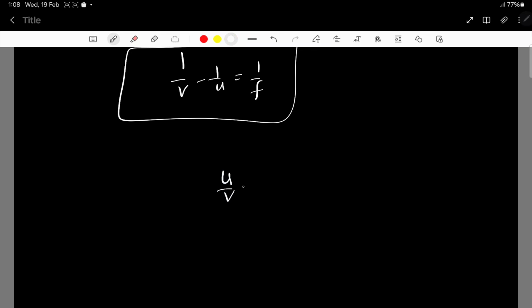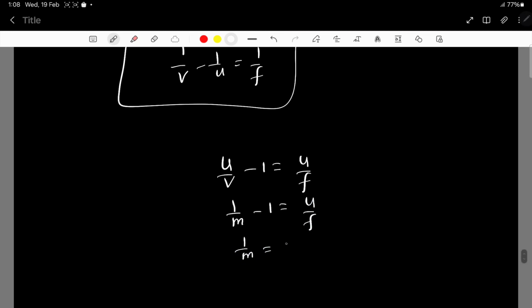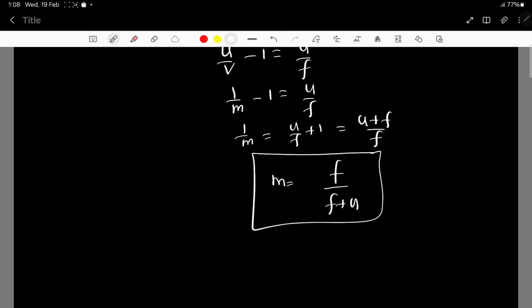So we will be getting u by v minus 1 equals u by f. So u by v is nothing but 1 by m, minus 1 equals u by f. So 1 by m equals u by f plus 1. I got u plus f by f. So m equals f by f plus u.